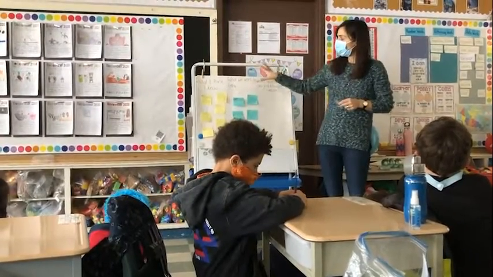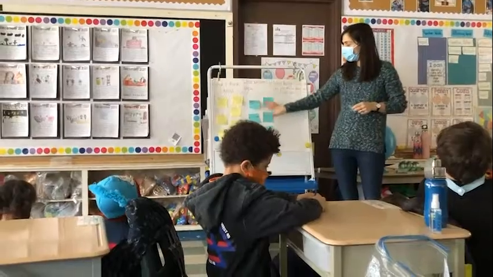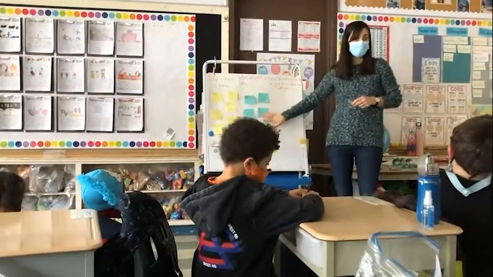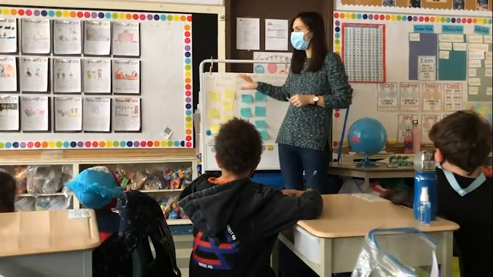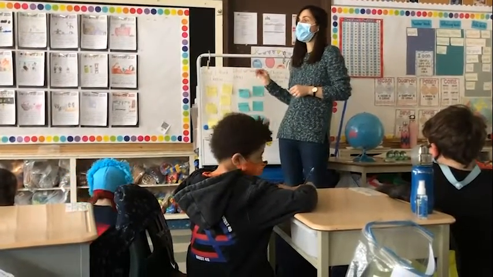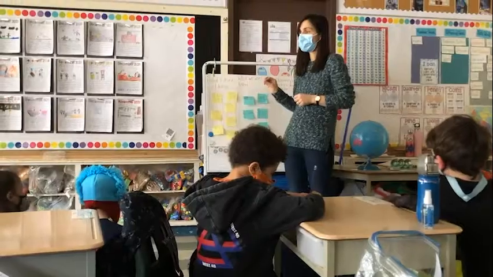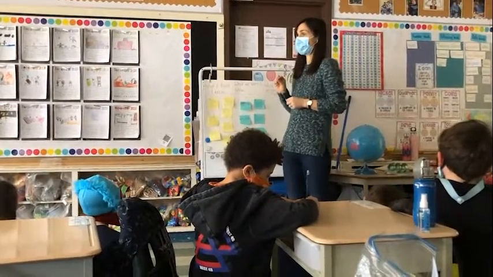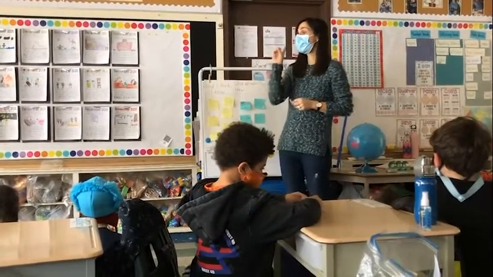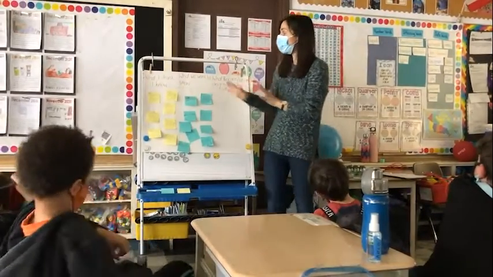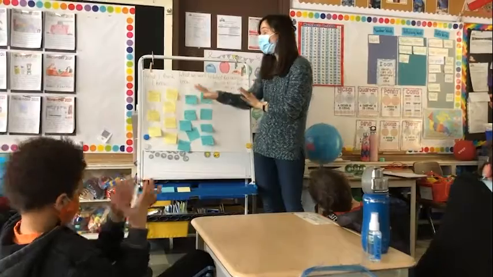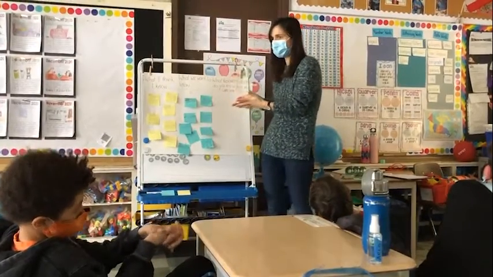I see here we have a lot of questions, and I like that because it means that we have a lot of work to do, and there are a lot of things that we know. I want Malachi and Elodie to share something that you know. So what did you discuss? Just one thing. We have a lot of things that we know, but also we have a lot of questions.